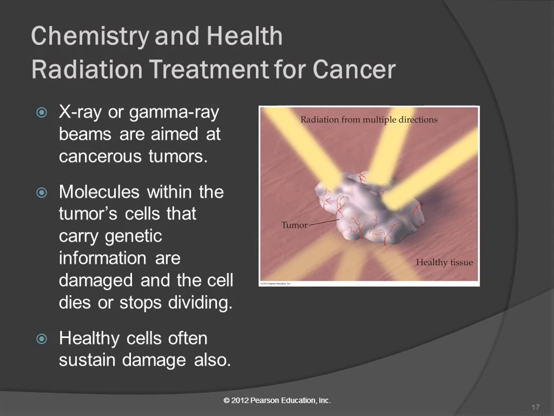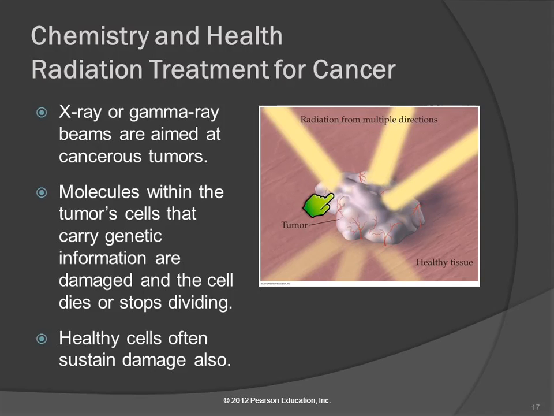What has been pretty much the standard way of destroying a tumor with radiation is to send beams of radiation, and this is not yellow light beams, this is X-rays or gamma rays, very high energy, and focus multiple beams on the tumor.